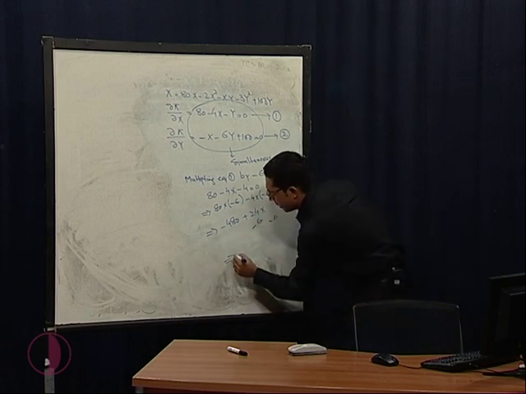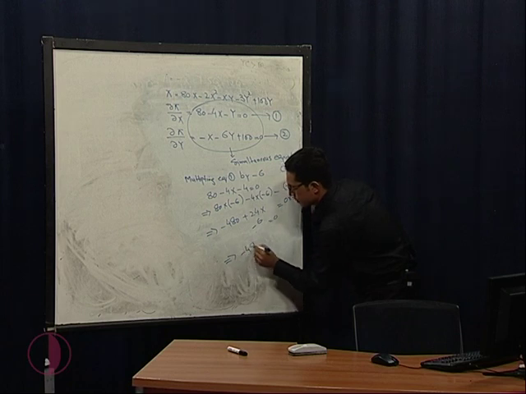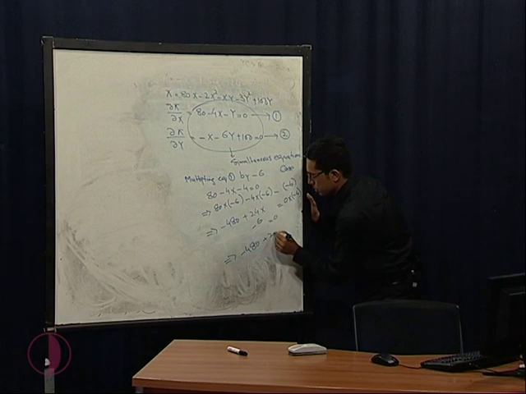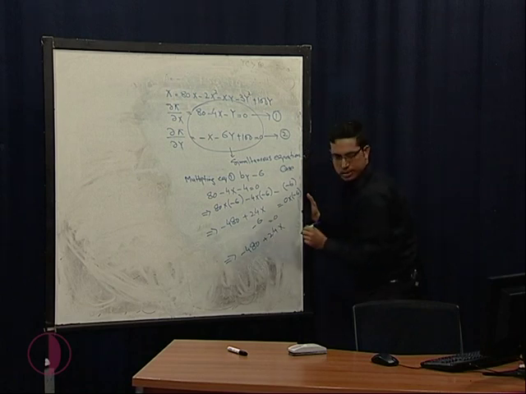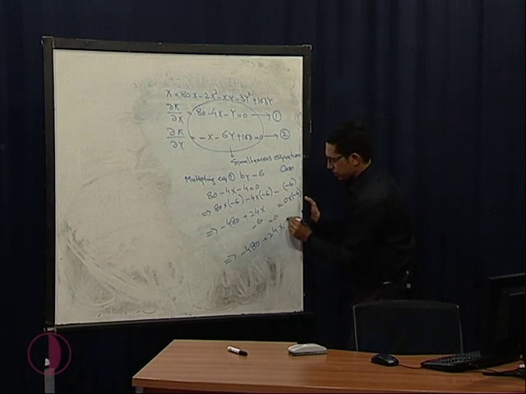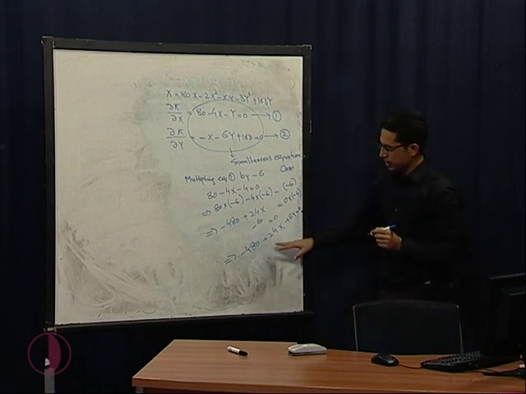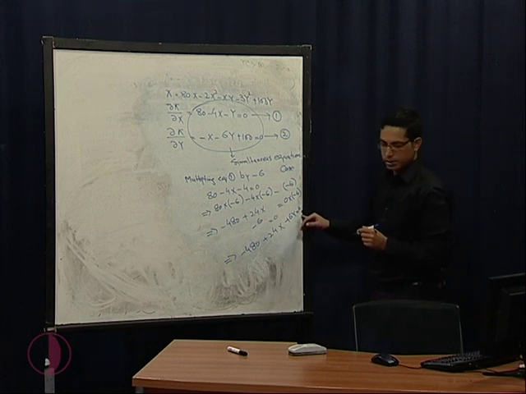So the final answer is minus 480 plus 24x plus 6y, which is equal to 0. Minus 480 plus 24x plus 6y equals 0.